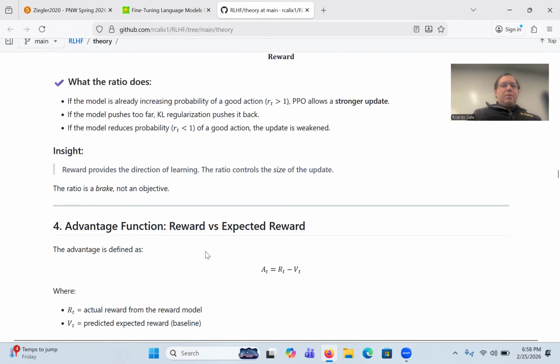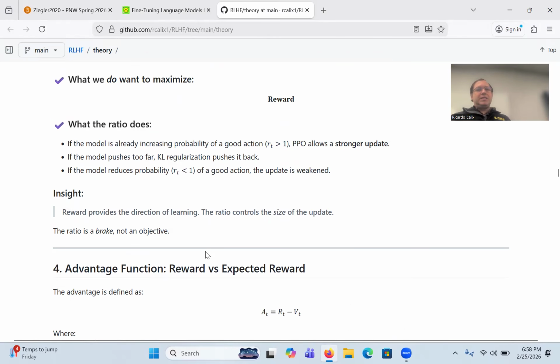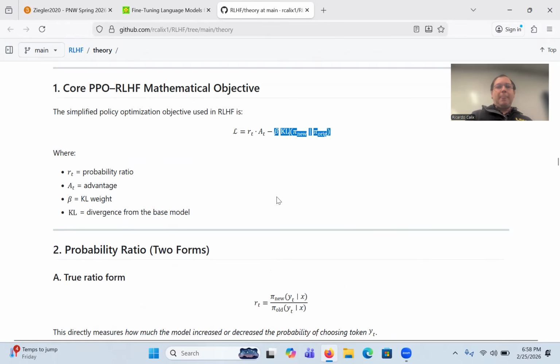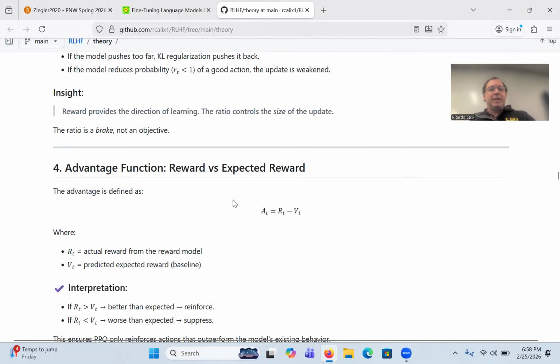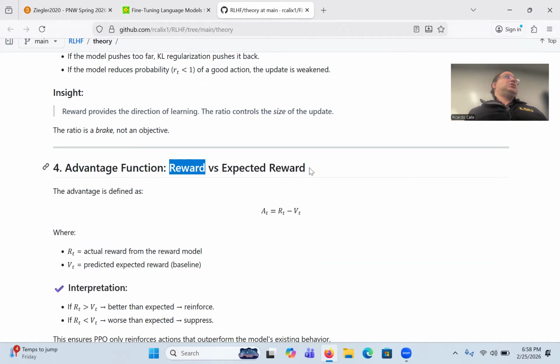So now the other thing is, this A actually here is called the advantage function, and it can get quite complicated. But one simple way of looking at it is the advantage function, you can think of it as the reward versus the expected reward. And I think the easiest example to think about is when you just think, what is the average reward in this situation?